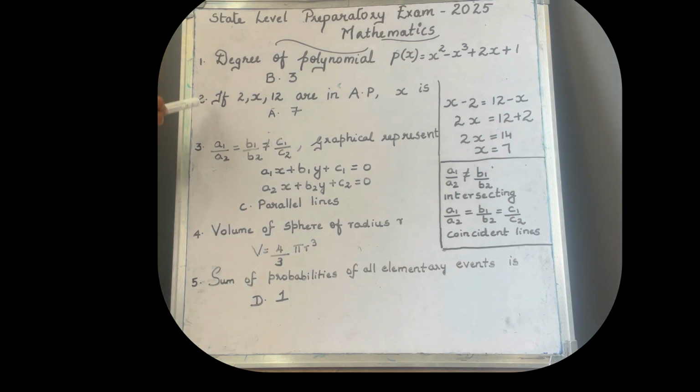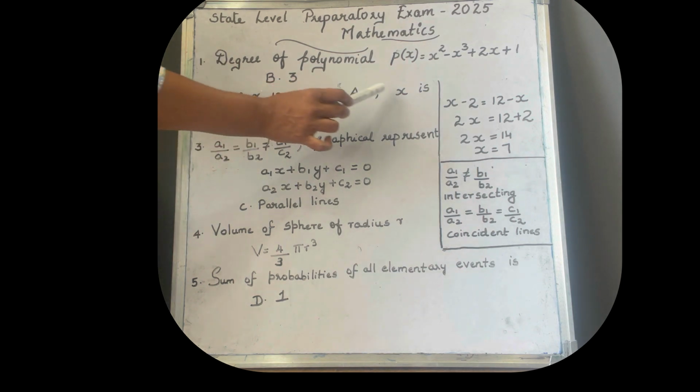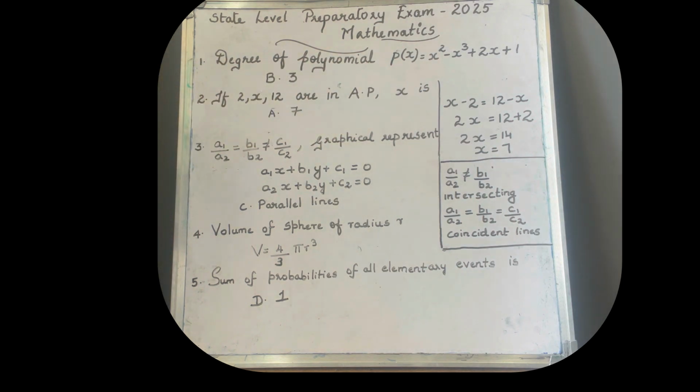We move on to the second question. If 2, x, 12 are in AP, x is? If a series of numbers are in AP, there will be a common difference between the terms. So here 2, x, 12 are in AP.